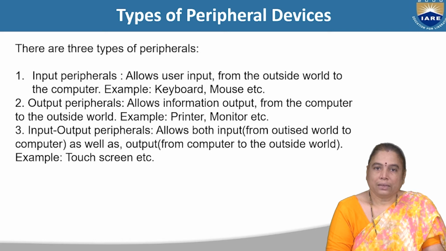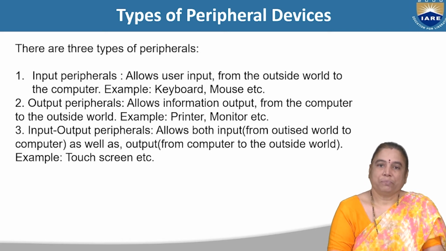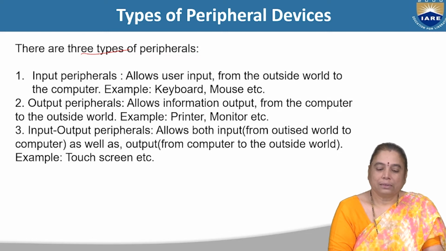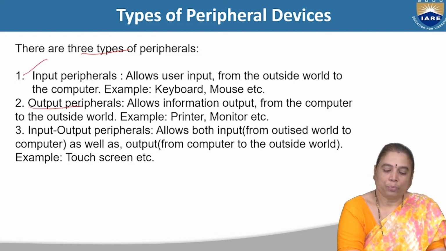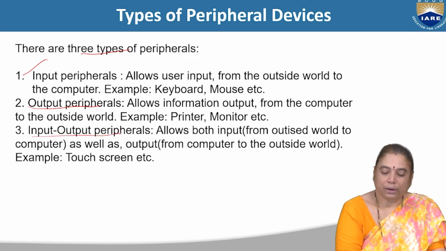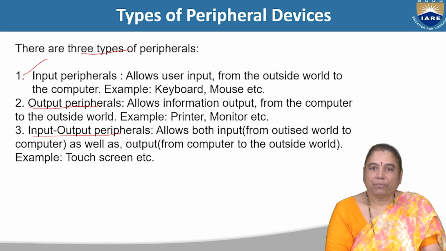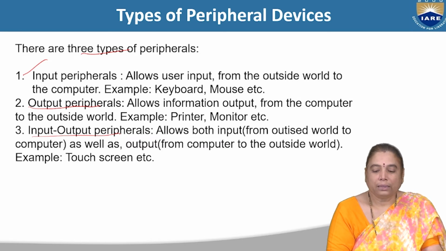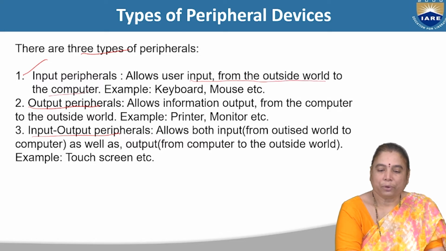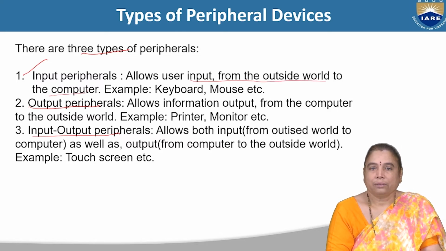The peripheral devices are categorized into majorly three types. One is input peripherals, the second category is output peripherals, and the third category is input-output peripherals. Input peripherals allow only input from the outside world to the computer. The data required by the CPU can be supplied by using these input peripherals.